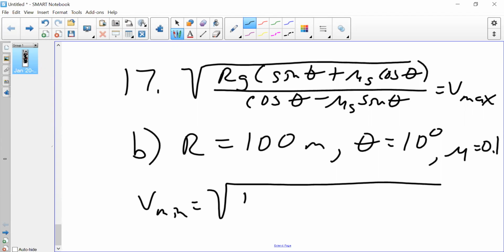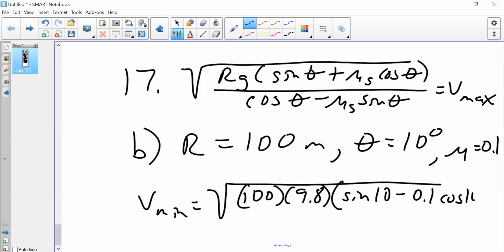So we have 100 times 9.8 times sine of 10 minus 0.1 cosine of 10.